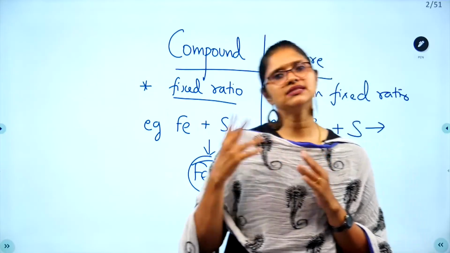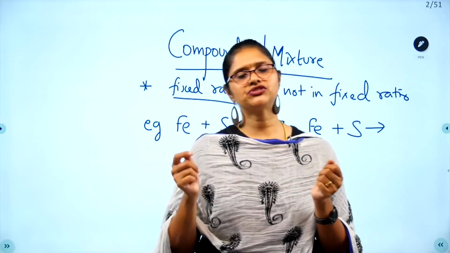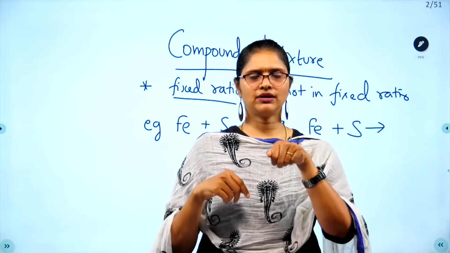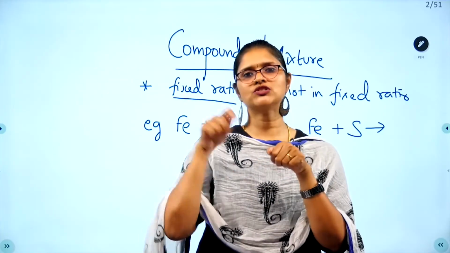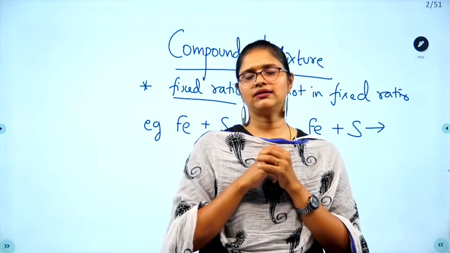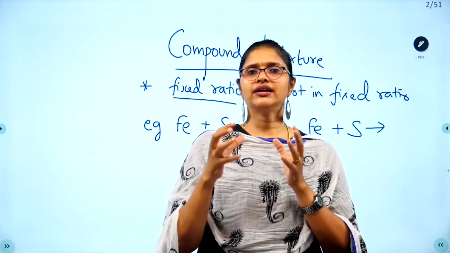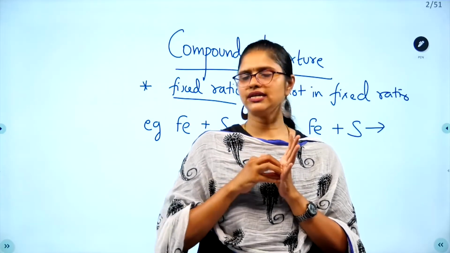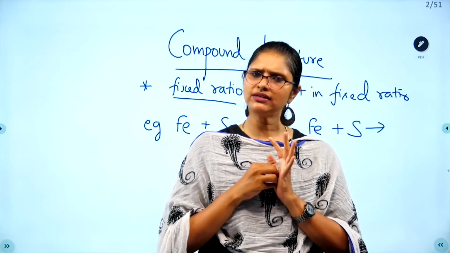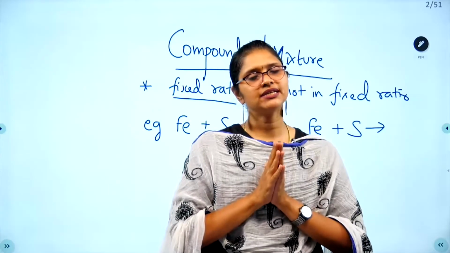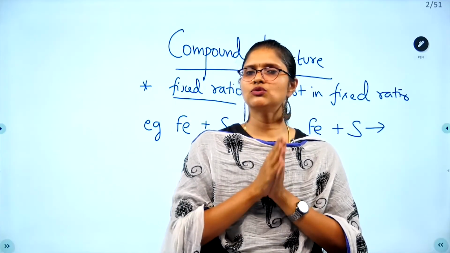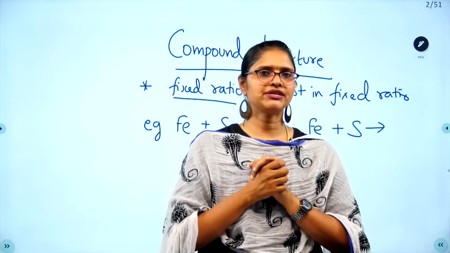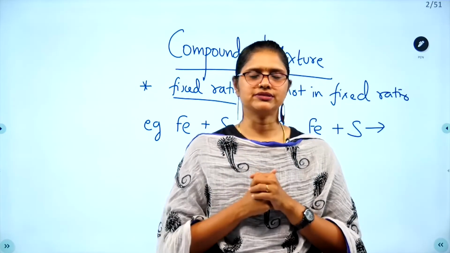Whereas in the mixture, you randomly mix one spatula of iron powder and one spatula of sulfur powder. Now I take the magnet near to it, iron filings will get attracted, whereas in the compound, iron will not get attracted. Fine. So what you understand from this experiment? In a compound, elements lose their identity, whereas in a mixture, they retain their properties.